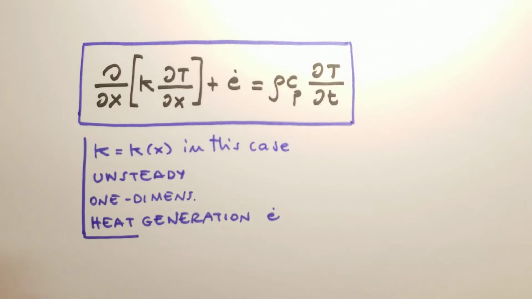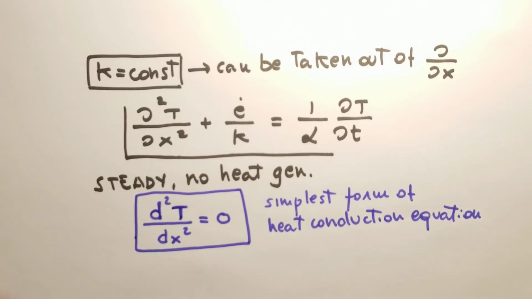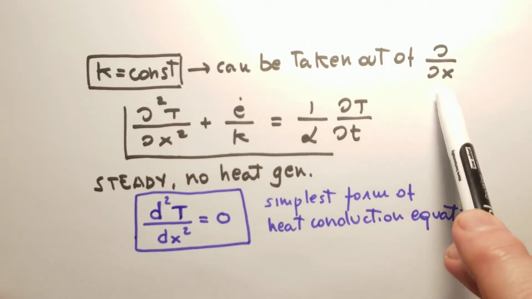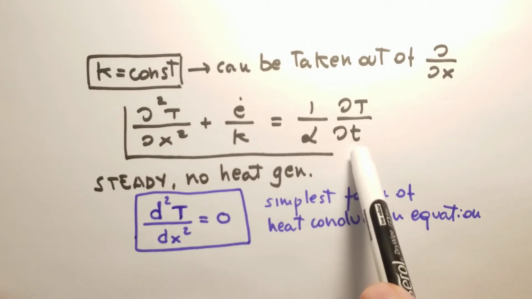If we now simplify this case even further, we can take, for example, the case of constant thermal conductivity K. So this quantity can now be taken out of the first partial derivative over space x, and the equation reduces to this form.